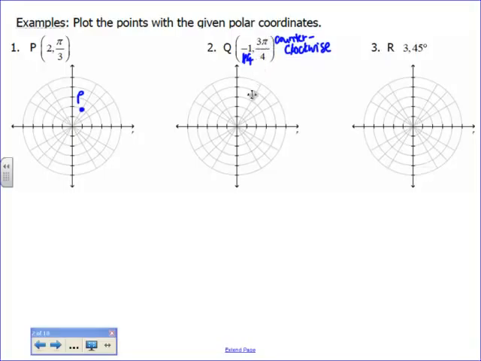So I'm going to go this time negative 1 and then 3/4 of the way around the pi in that counterclockwise direction, and it's going to leave me in the 4th quadrant for Q. Final example is 3, 45 degrees. Over 3, rotate 45 degrees. Positive, positive. You should end up with R in the 1st quadrant.